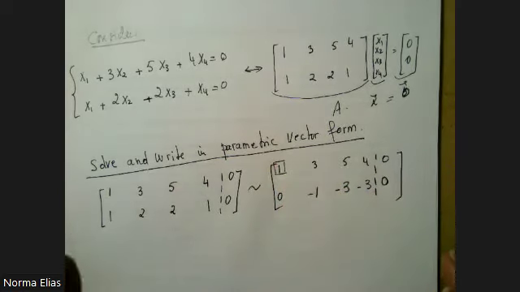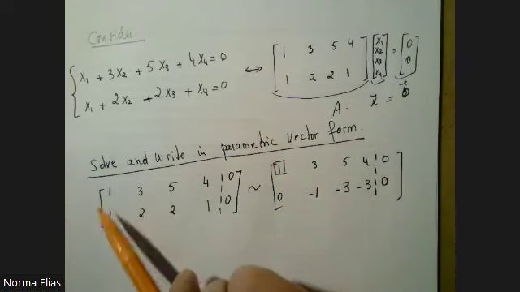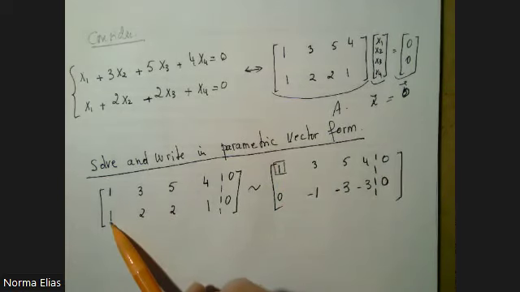How do you know there are 2 free variables? Good question. How many rows do we have? Two. It means at most how many leading entries we can have? Also 2.